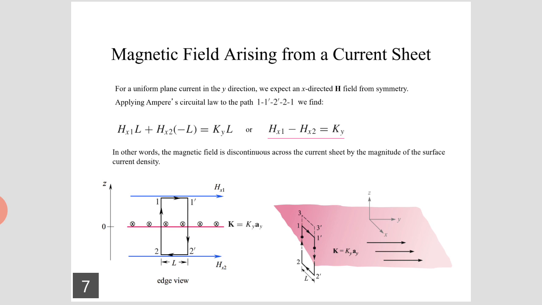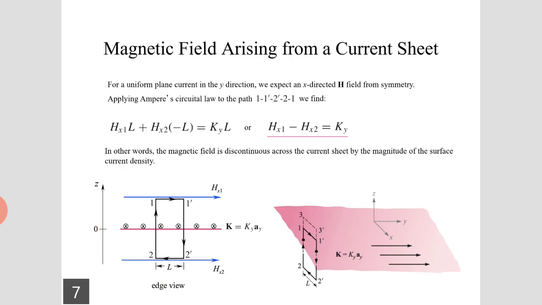Therefore we need to choose the path for applying Ampere's circuit law to the current sheet. That is, you can see in the figure 1 1 dash, 2 2 dash, 3 3 dash.